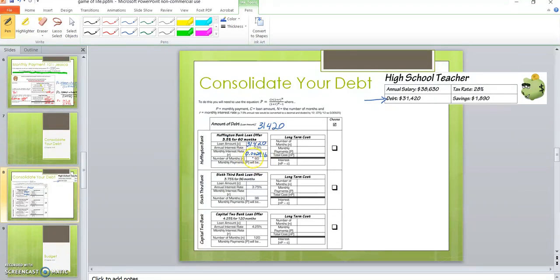So that's 0.002916. And for this particular loan, the number of months is 60. So what I'm going to first do is to figure out my monthly payment.